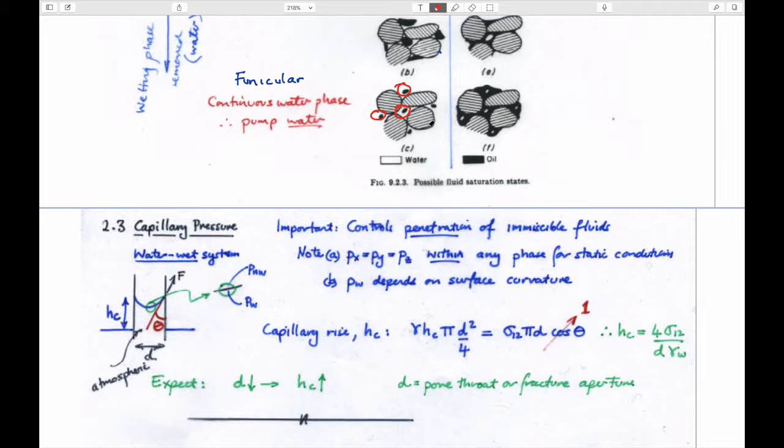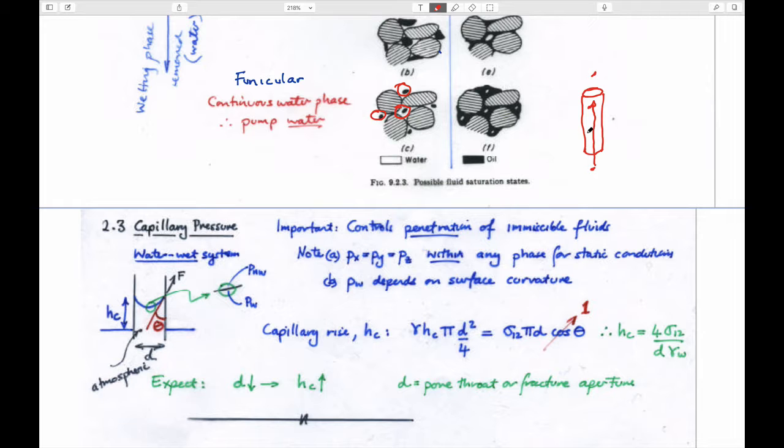You could think about a single one of these pore throats as being a little capillary tube. And to go from one pore to another pore, you physically have to go along that capillary tube.